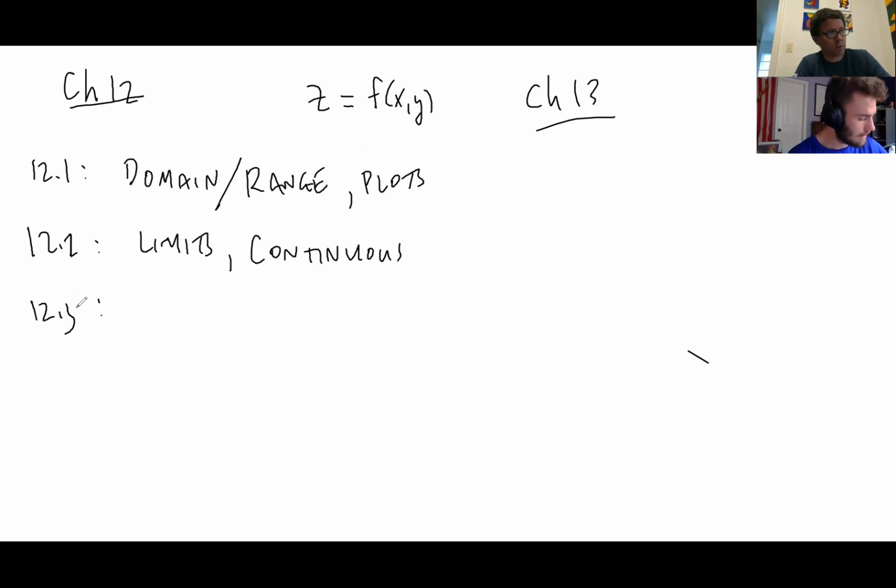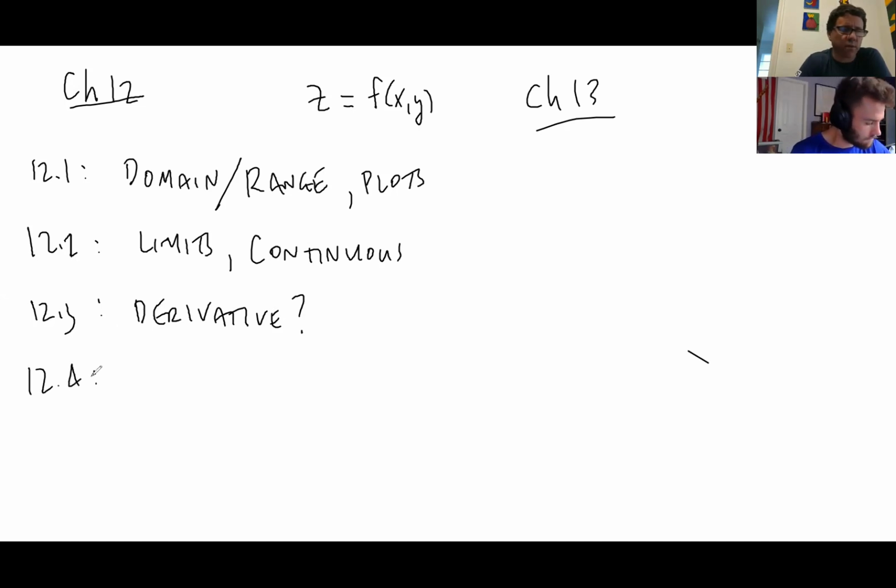12.3 is on, well, what do you mean by derivative anymore? When you're talking about slope and rate of change and all of that stuff in 3 dimensions or higher, what does that actually mean? 12.4 is something we've done before, I think, in Calc 1 or Calc 2, called a differential, which is good for approximating.